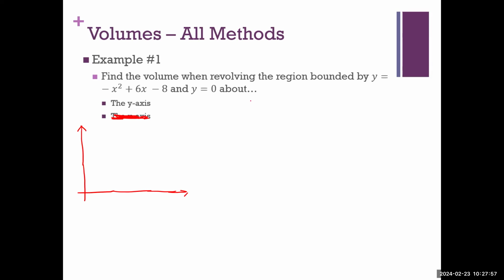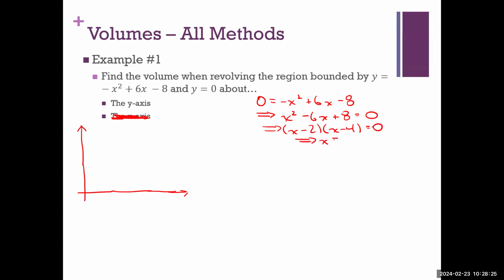Okay, so let's do that. 0 equals negative x squared plus 6x minus 8. That's the same thing as saying x squared minus 6x plus 8 equals 0. Does this factor? Positive 2, positive 4? The factors come out like this, which means the roots are 2, 4.